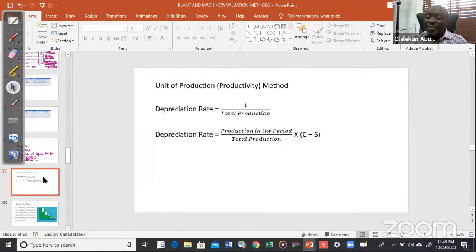The only difference is that now you measure your depreciation based on units of products that the equipment or the plant can produce, as measured from its capacity. As a matter of fact, every plant will have the maximum productivity that it can deliver during its life expectancy.